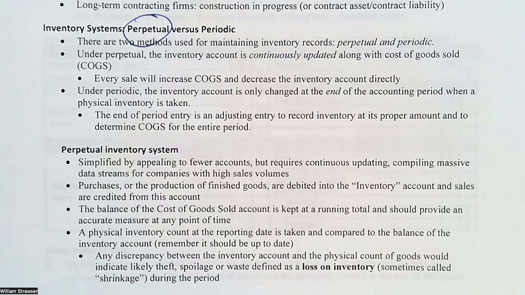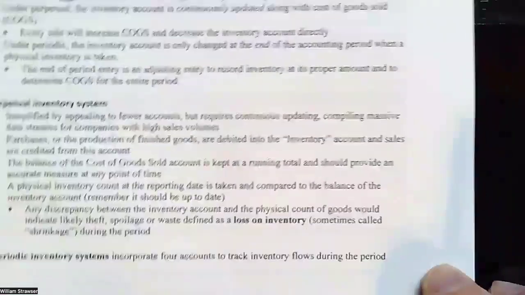In the case of the periodic system, cost of goods sold was only recorded at the end of an accounting period. So even though we were making thousands, hundreds of thousands of sales during the period, we did not record a reduction to inventory, nor did we record cost of goods sold until the very end as an adjusting entry.